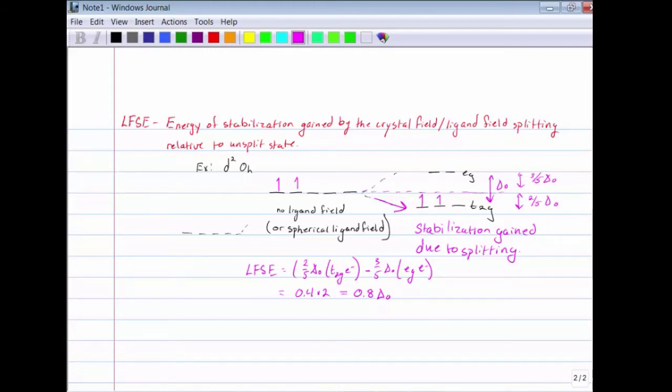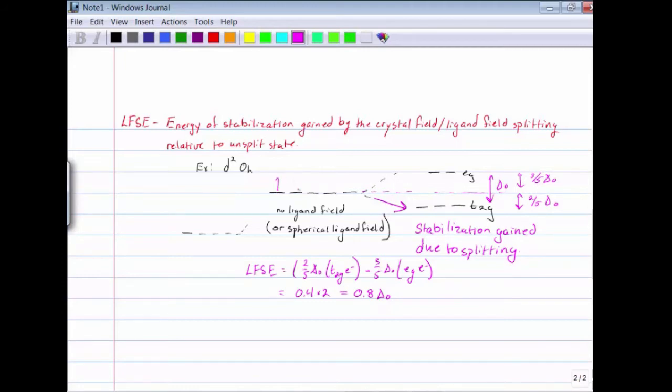Now, when a metal has any d electrons, you will end up getting a stabilization energy, except in the case of D5 and D10. So D0, obviously, if you have no electrons in this system, so if I erase those electrons, you're not going to get any energy benefit from splitting those d orbitals.